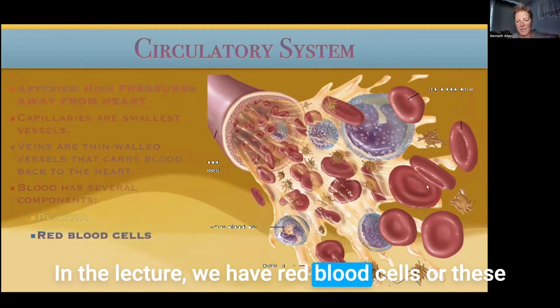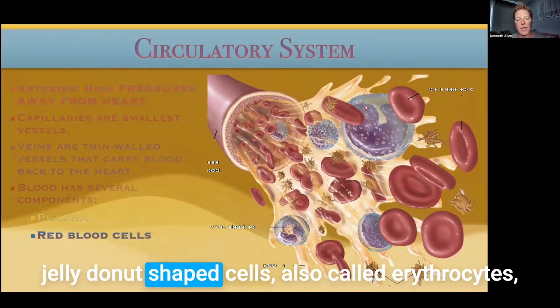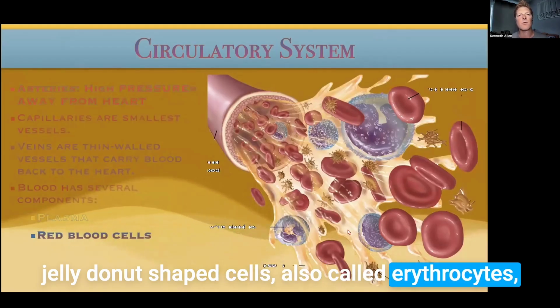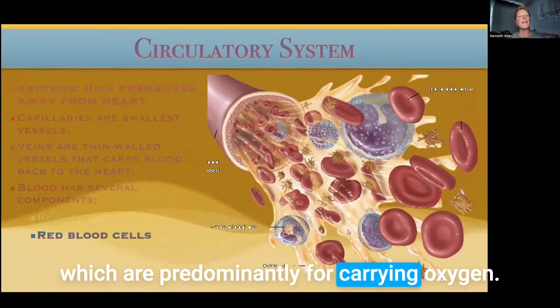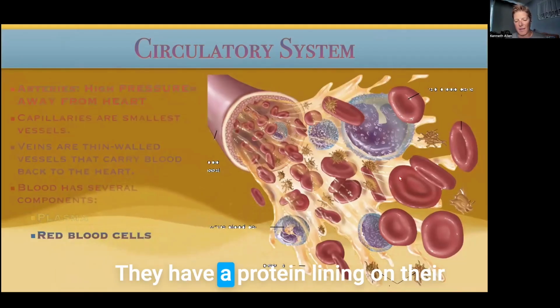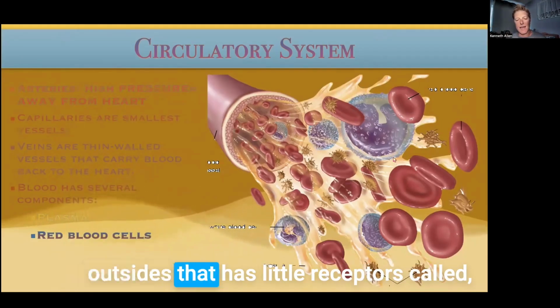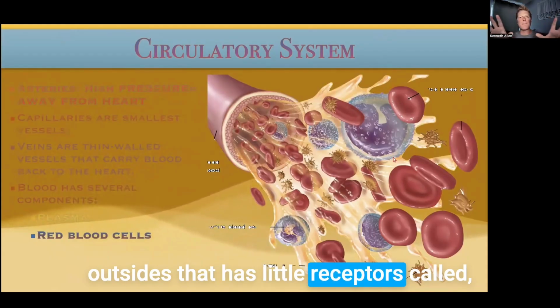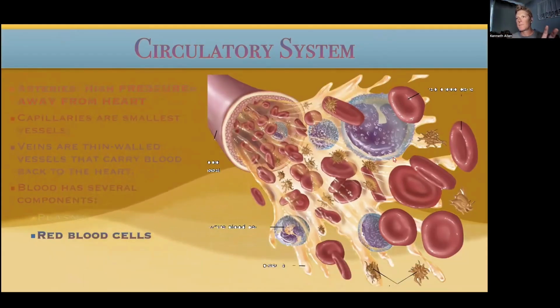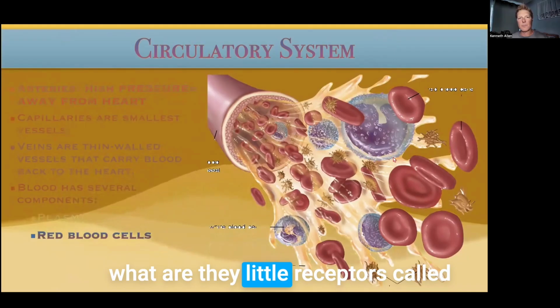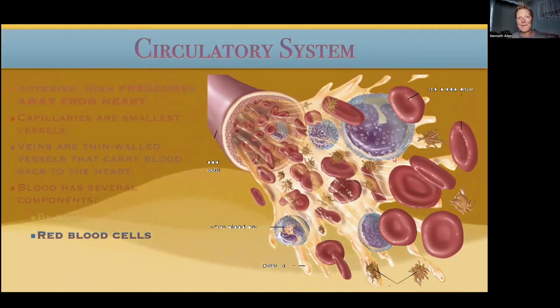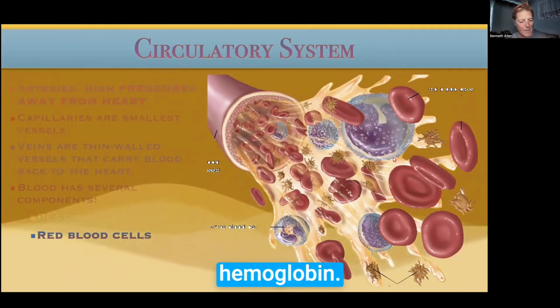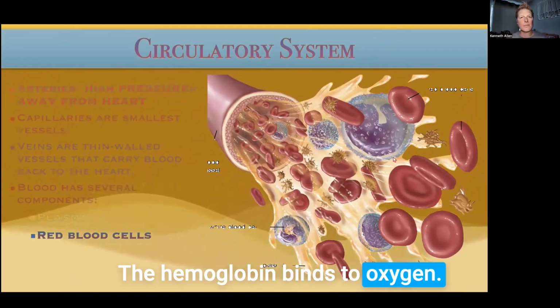We have red blood cells, these jelly donut-shaped cells, also called erythrocytes, which are predominantly for carrying oxygen. They have a protein lining on their outsides that has little receptors called hemoglobin. And hemoglobin binds to oxygen.